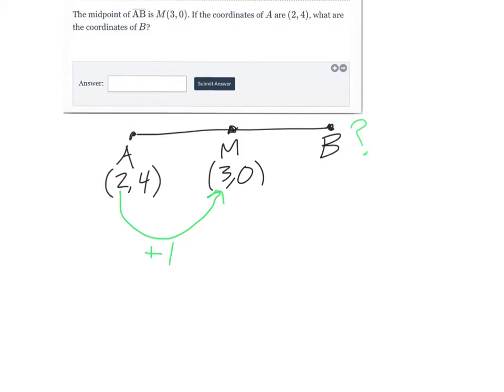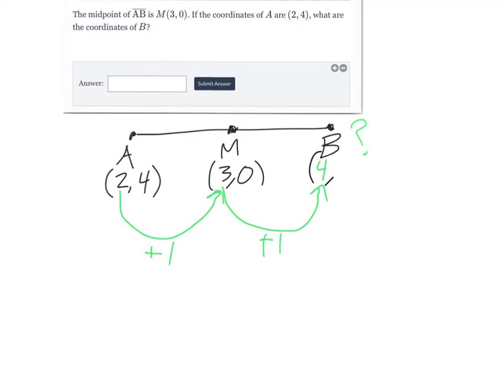So if I continue the pattern, I take my midpoint x value of 3 and add 1 to it, and I get 4. So the x coordinate of B is 4, and I just did that by the pattern. 2 plus 1 is 3, 3 plus 1 is 4. It's always either an adding pattern or a subtracting pattern.